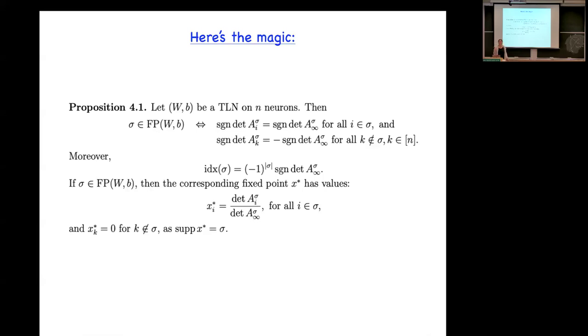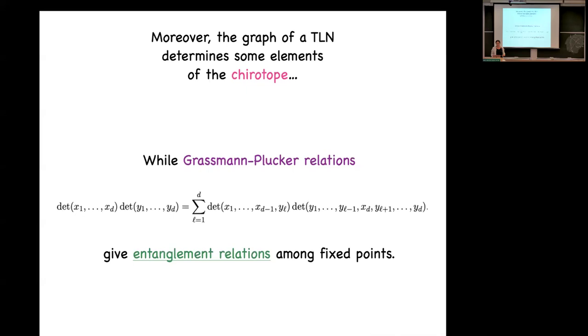Why would you do it this way? Because somehow now the chirotope is encoding the combinatorial geometry of the hyperplane arrangement. And as we vary parameters in our W matrix, we can see where the oriented matroid changes. And that's going to lead to potential changes in the fixed point structure. If the oriented matroid does not change, we know the fixed points stay the same. So already we've learned something about the bifurcation theory.